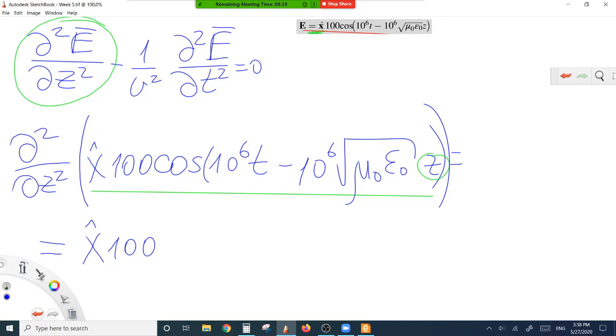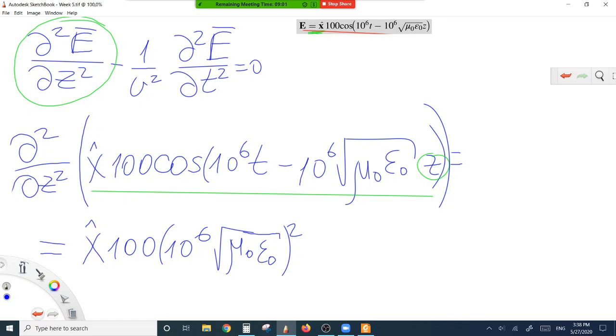We multiply 10 to the 6. So 10 to the 6 goes 2 times, and we have 10 to the 6 times the square root of mu 0 epsilon 0 to the second power.